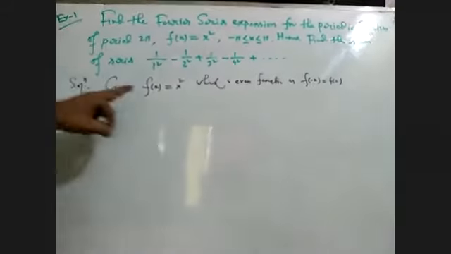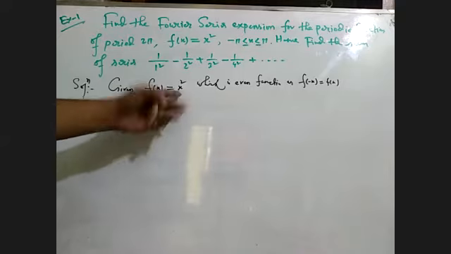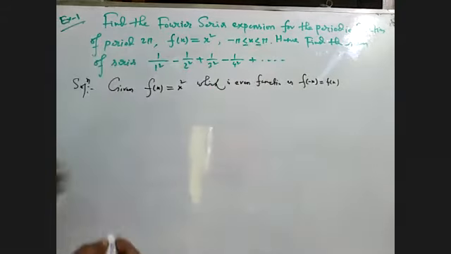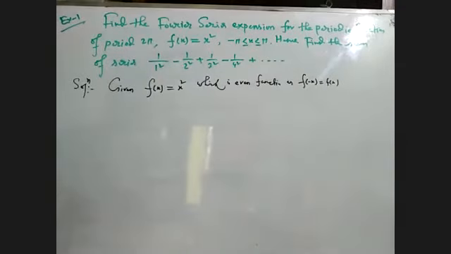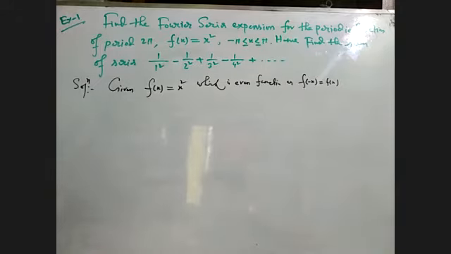If we replace x with minus x here, we get minus x whole square, which equals x square, which is f of x. That means f of minus x equals f of x. So our given function is an even function. We have to remember it.